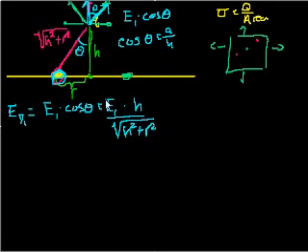Fair enough. So now let's see if we can figure out what the magnitude of the electric field is, and then we can put it back into this and figure out the y component from this point.